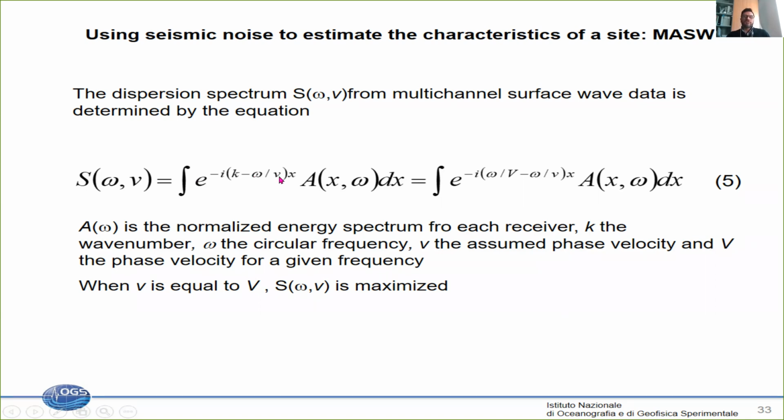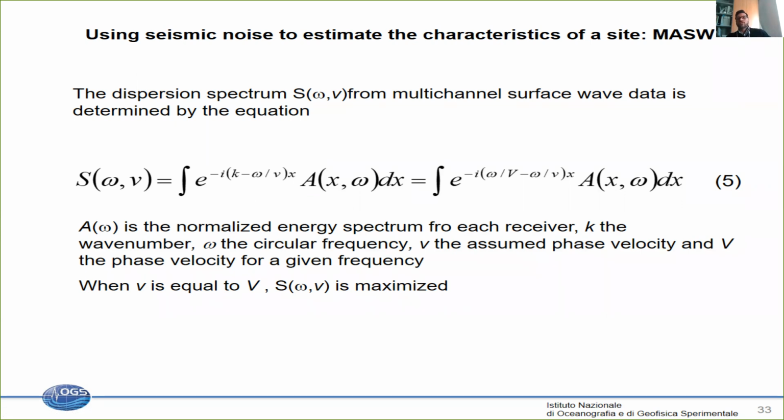And the phase shift depends, of course, on the distance at which every sensor is found and a tentative velocity that I assign to each frequency. If the velocity is the correct one, this summation will be the maximum because I am stacking in the correct way.